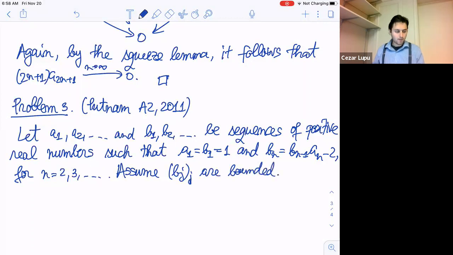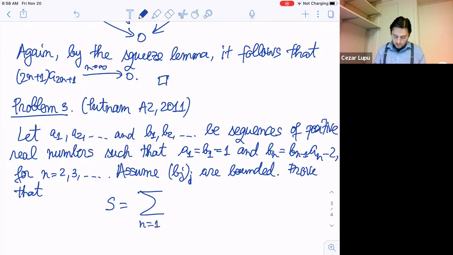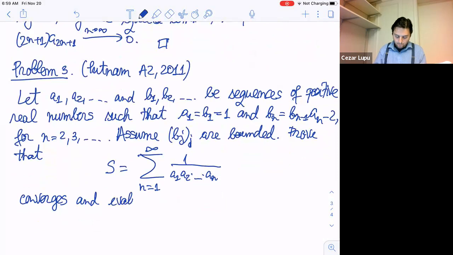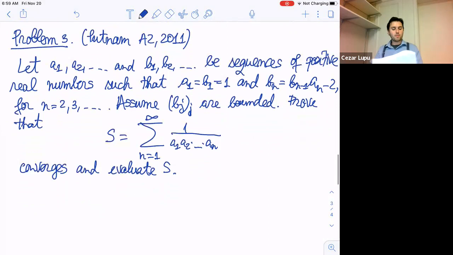Prove that this sum, which is given by this series, so the sum of 1 over A1, A2, An, converges, and we should evaluate S. Okay, so this is the Putnam problem. So this is the statement. Yeah, that's correct. All right.